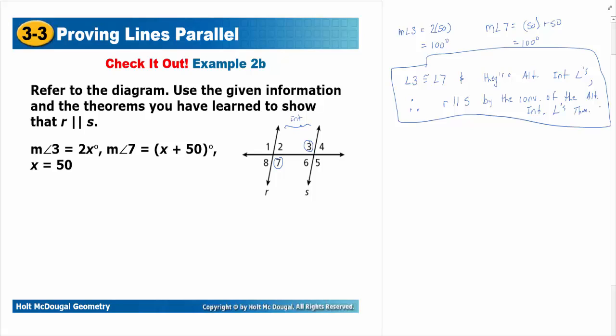That's a little bit better. You can say angle, but angles are plural, so I'll probably keep it that way.